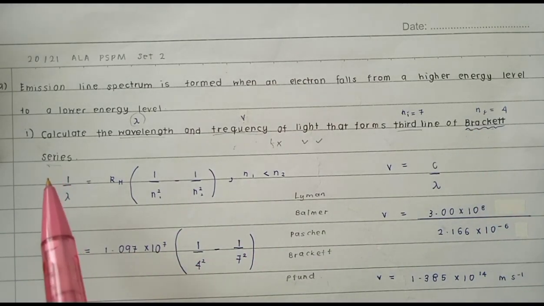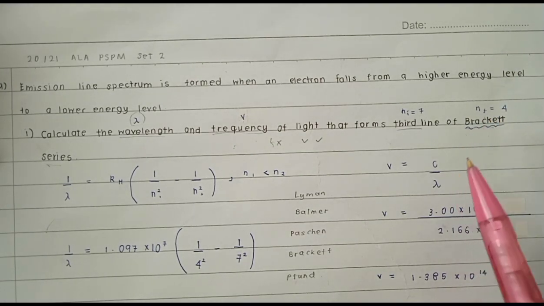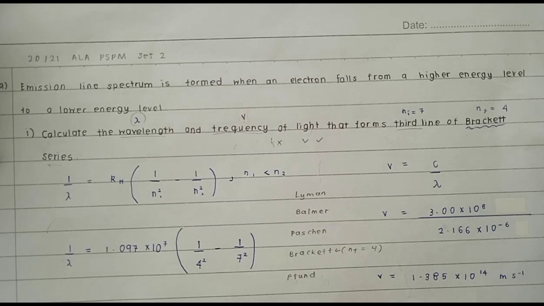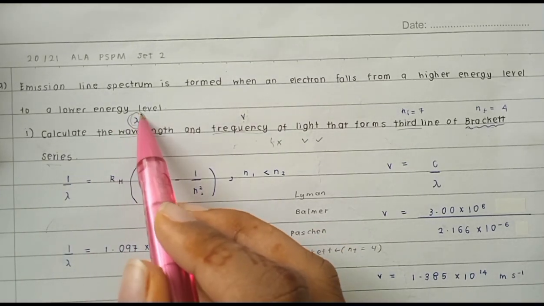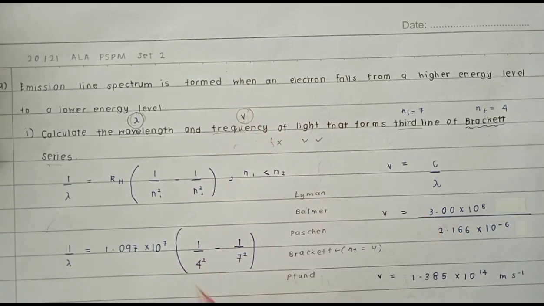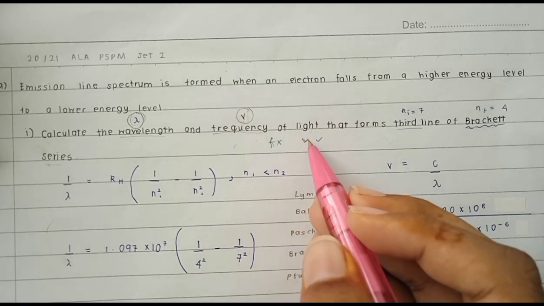So we know the final n is 4, because for Brackett, nf equals 4. The question wants us to calculate the wavelength, which is lambda, and also the frequency, which is nu. It's not f, it's nu.